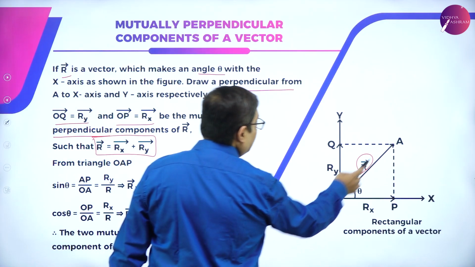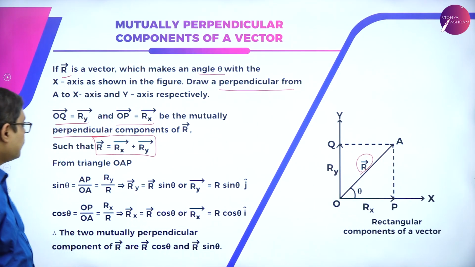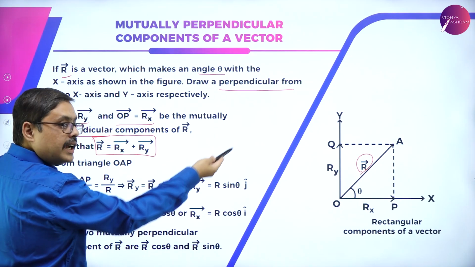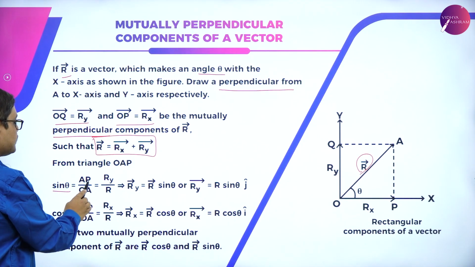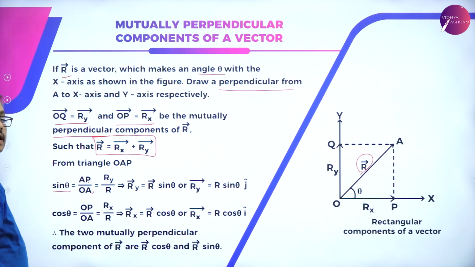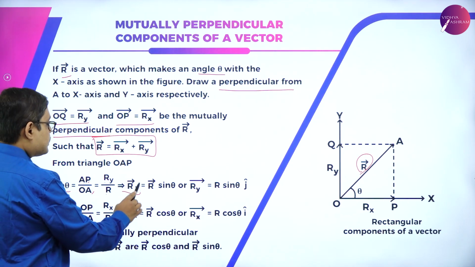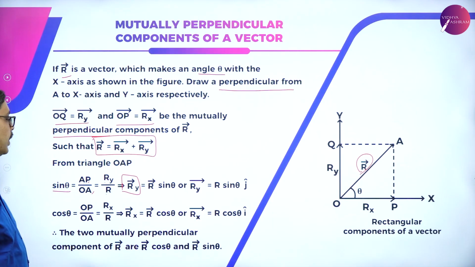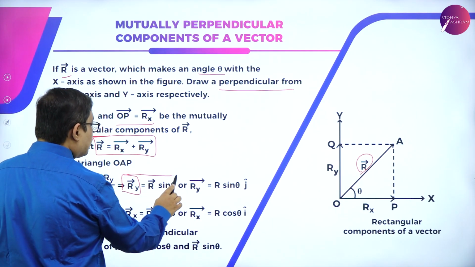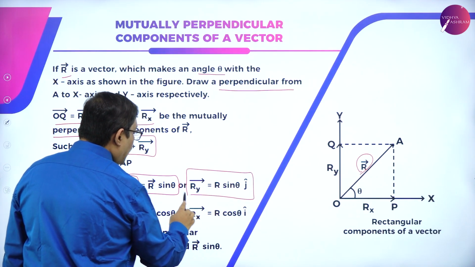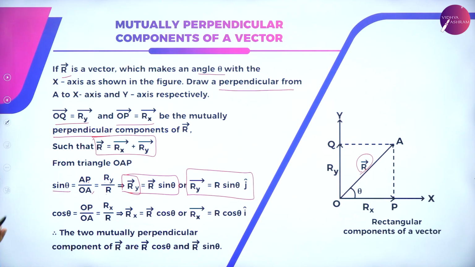From this triangle OAP, sine of angle theta is the opposite side AP over the hypotenuse OA. So, this is AP by OA. This is Ry by R, or this is vector Ry. Ry is equal to R sin theta, Ry is equal to R sin theta into j cap.